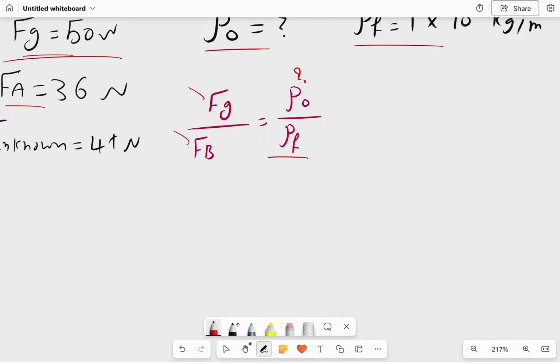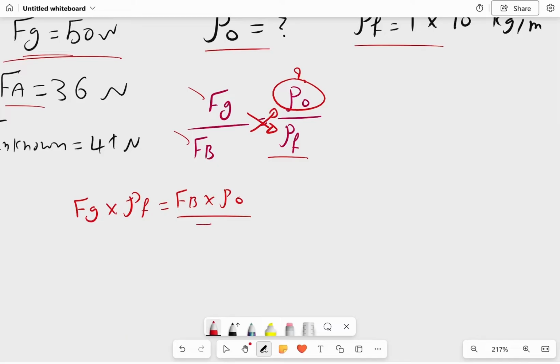Now, as we learned in the previous lessons, let's use cross multiplication so that this one stays alone and then we can find it. Then you have Fg times the density of the fluid equal to Fb times the density of the object.